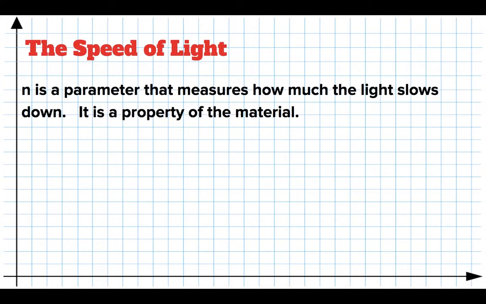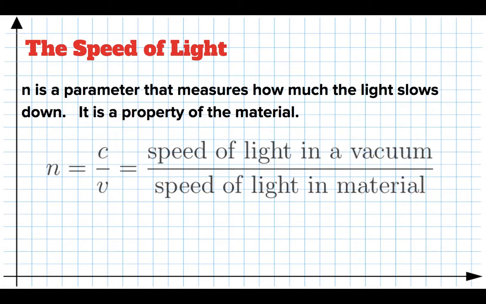So we measure this effect with a parameter called n. We call n the index of refraction, but it's basically just a measure of how much the light slows down. We define n as follows: n, the index of refraction, or you can think of it as a slowdown factor, is the ratio of the speed of light in a vacuum divided by the speed of light in a material.